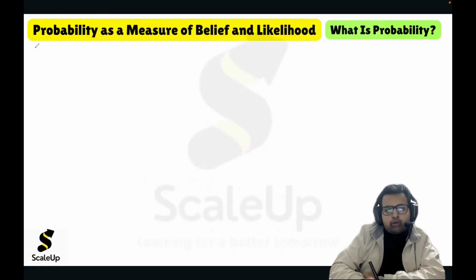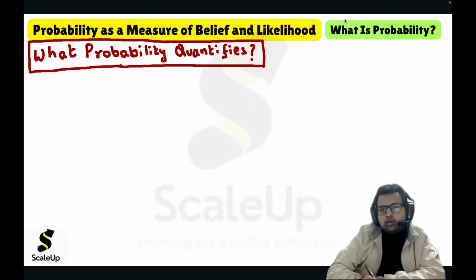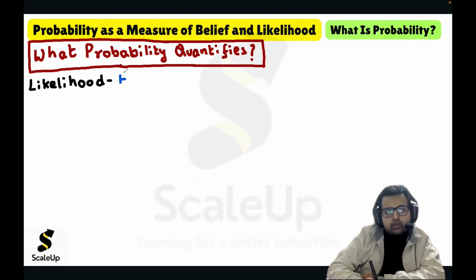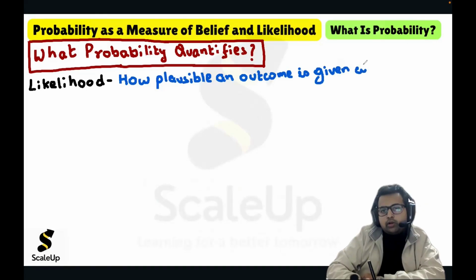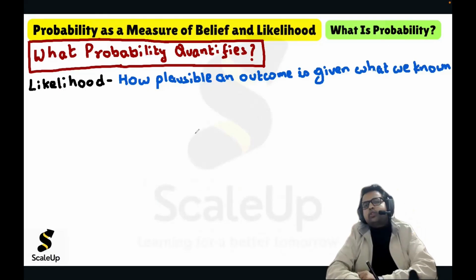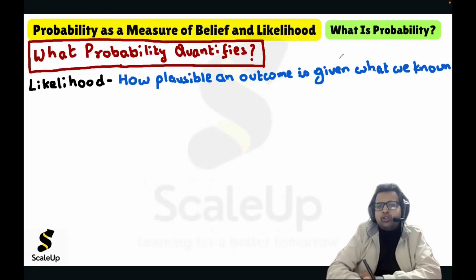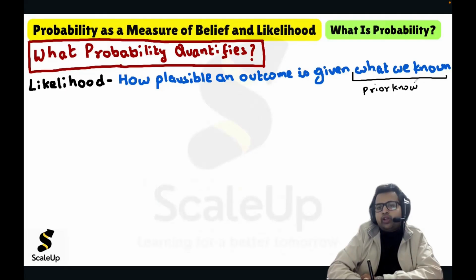Now, what does probability quantify? Probability quantifies likelihood. Likelihood means how plausible an outcome is given what we know. What we know is the prior knowledge, which we already have.